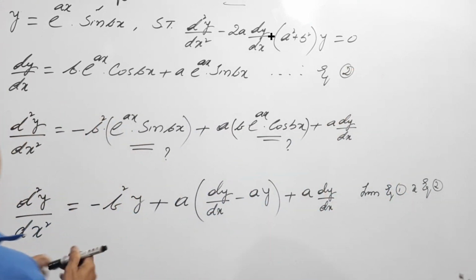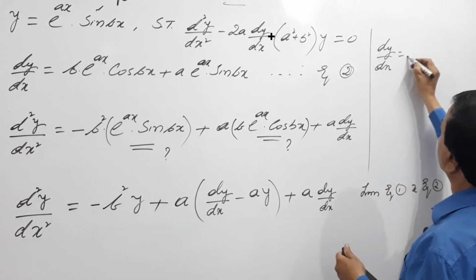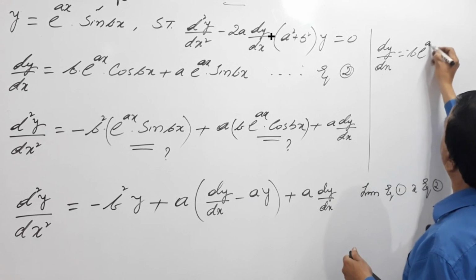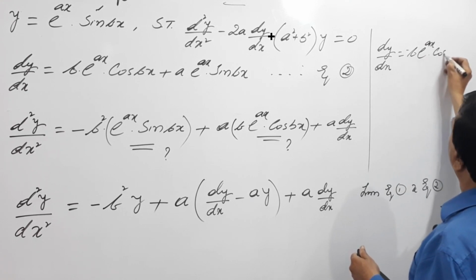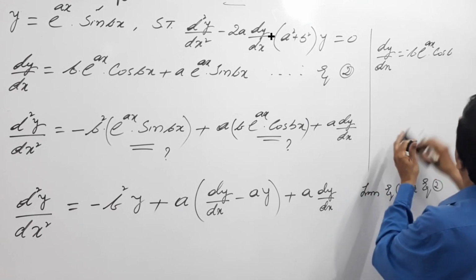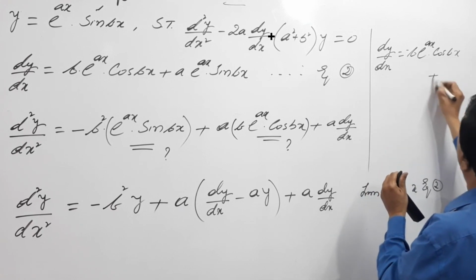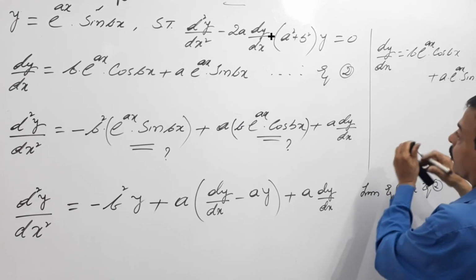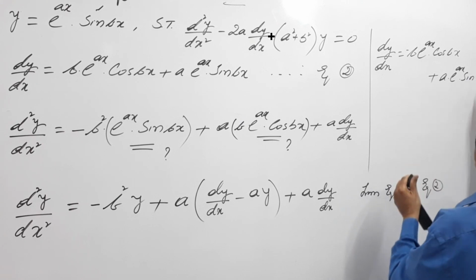So now what happens? Minus b into e to the power of ax into cos bx plus a into e to the power of ax into sin bx, isn't it?